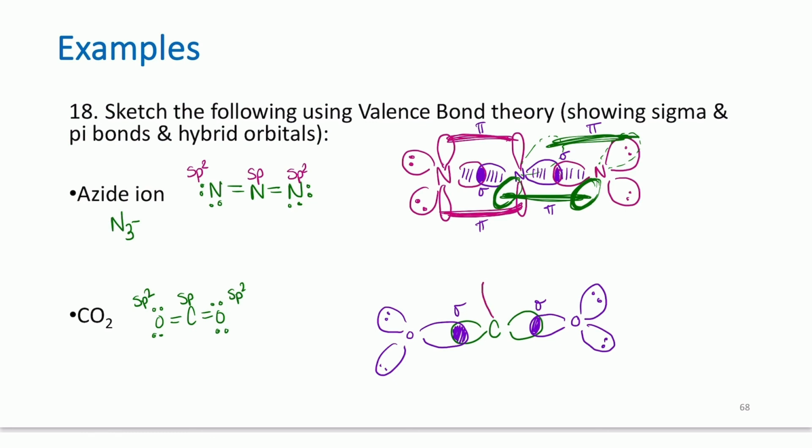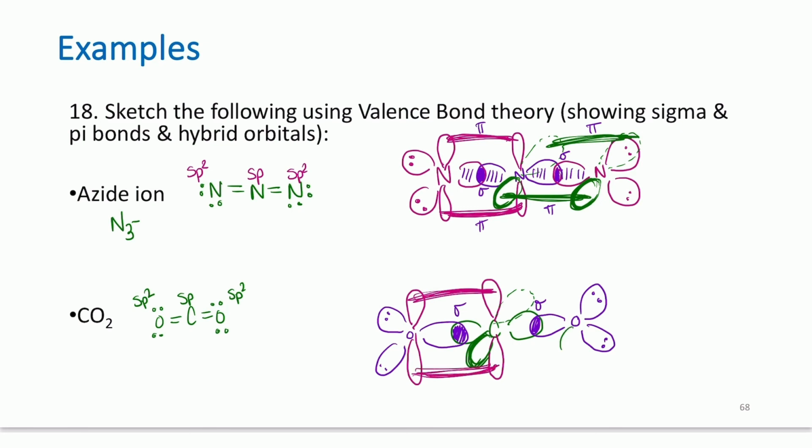This carbon actually has 2 unhybridized p orbitals, one above and below the plane of the board, and one behind the board and in front of the board. This oxygen happens to have 1 unhybridized p orbital as well that it uses to double bond to the carbon.